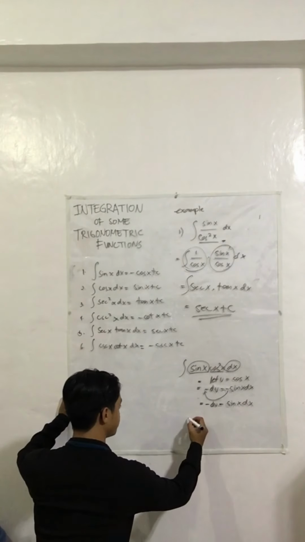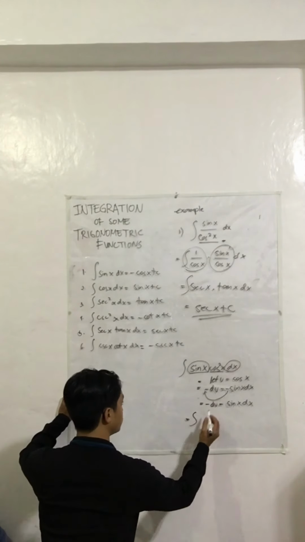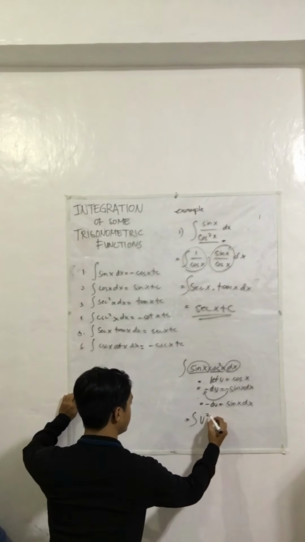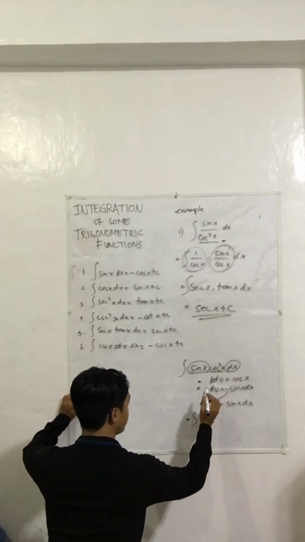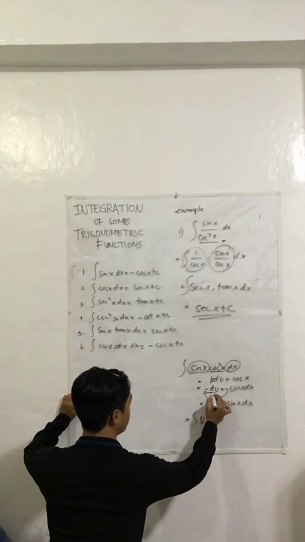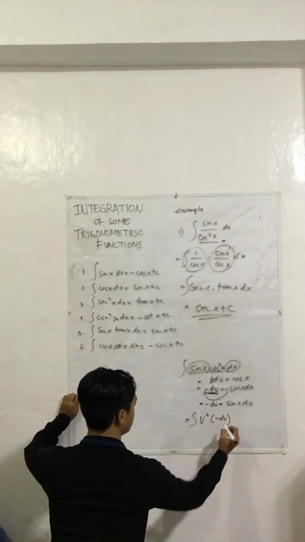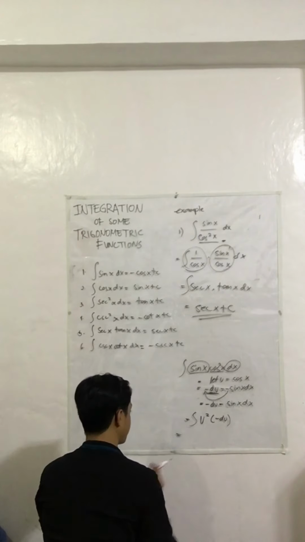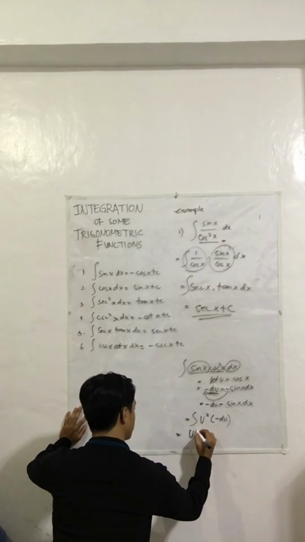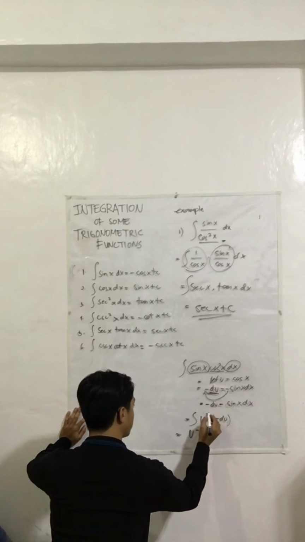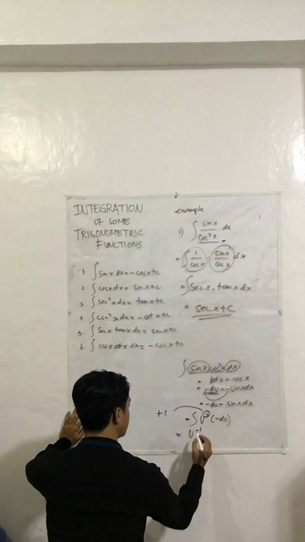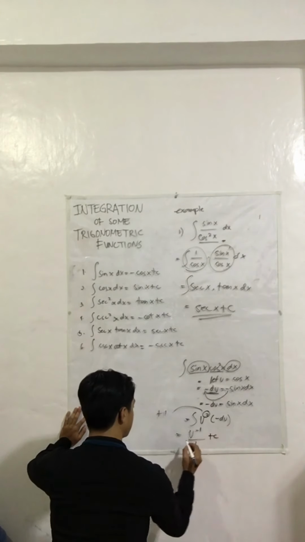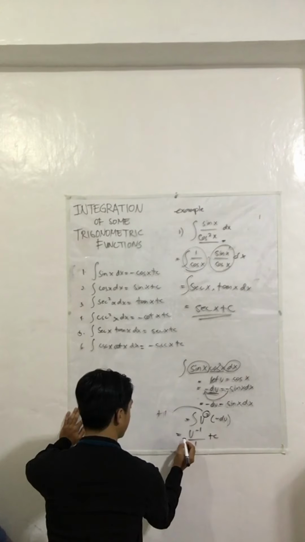So, dahil yung u natin ay squared siya, so magiging u to the power of negative 2 times with the derivative, yung negative du. So magiging u to the power of negative 1 kasi nga yung exponent mag-add tayo ng plus 1. So magiging negative 1 over 1 plus c. And maglagay tayo dito ng negative.